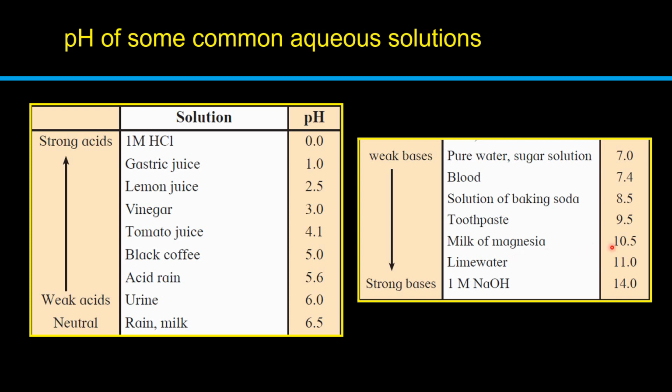So the pH is 10.5 so that it will reduce the acidity. Lime water, the solution of calcium hydroxide, is 11, and a strong base, 1 M sodium hydroxide, is 14. Now you can realize what are the acidic and what are the basic substances that we are daily using.